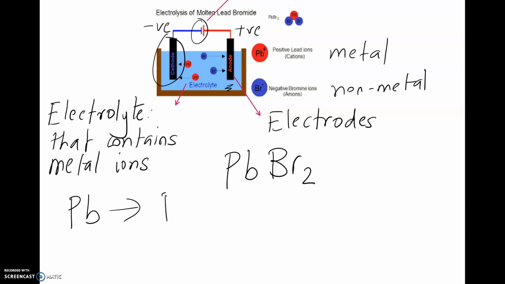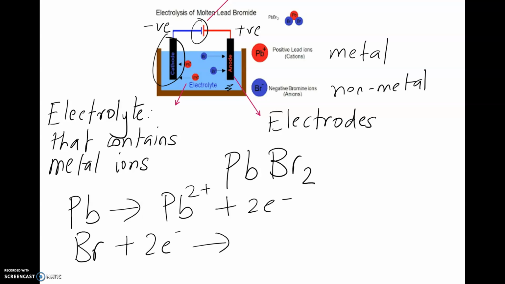You start off with Pb2+, you get 2e-, and for the bromine, you've got 2Br-, and to balance that, we're going to get Br2 and 2e-. And these are your half equations for each electrode.